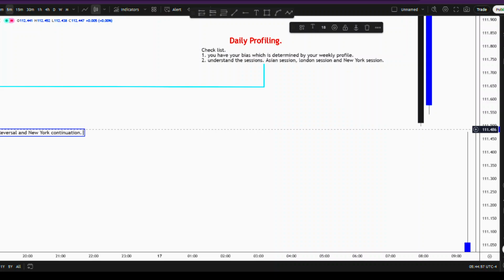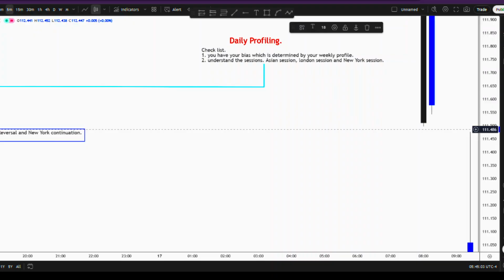By now you understand the meaning of a reversal and a continuation. Here, the London reversal is when you have two sessions coupled together. Number one is the London session, which creates the low of the daily candle.